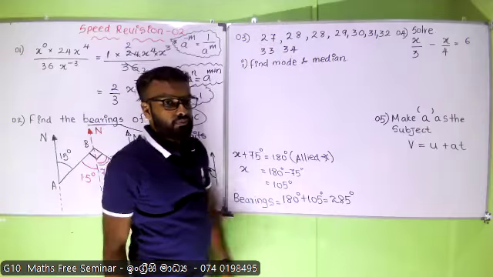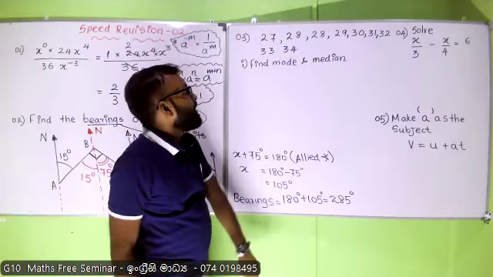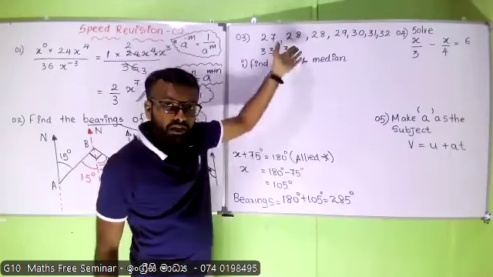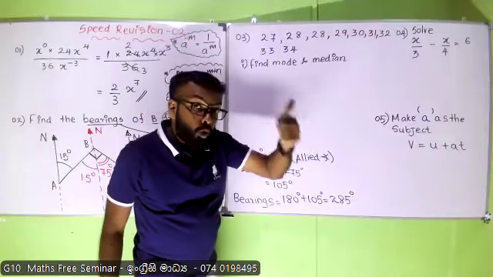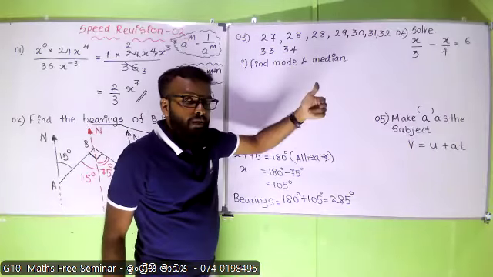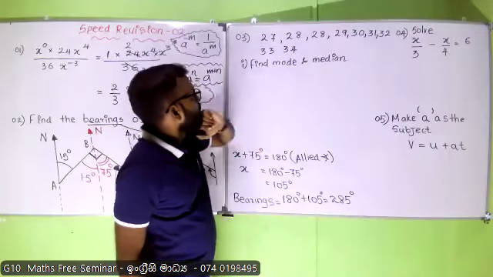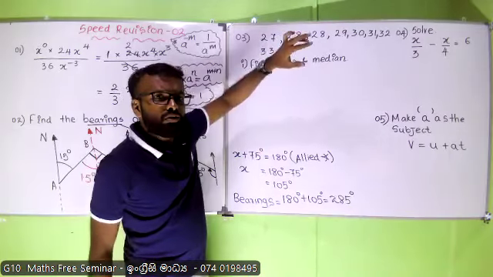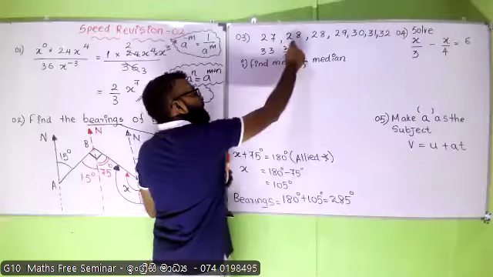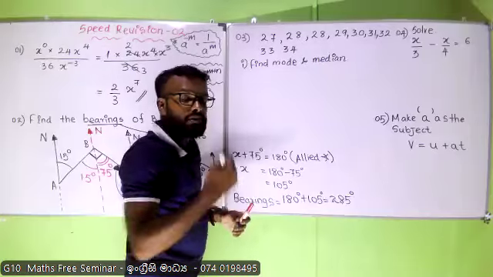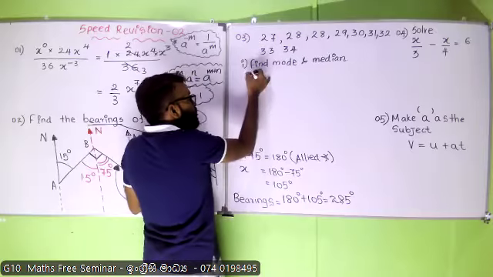Ascending order, super, smallest to biggest. Mode is the most repeated, most occurring number. 28 has occurred 2 times, so your mode is 28.